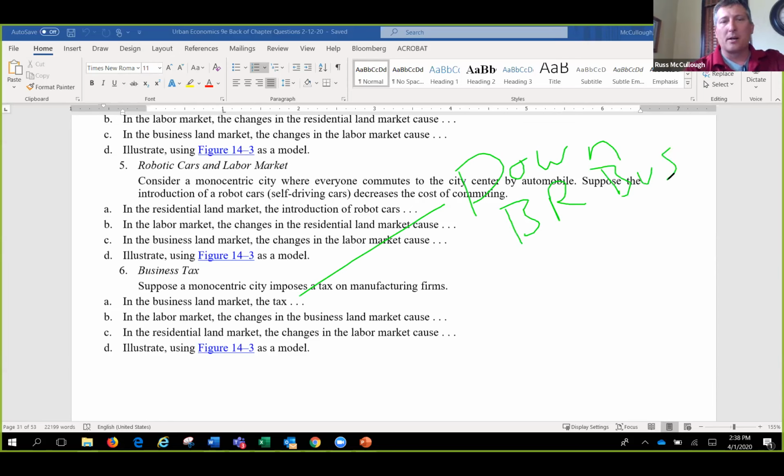In the labor market, the changes in the business land market are going to cause what? So businesses, what's going to happen to the labor market? Chat box that.